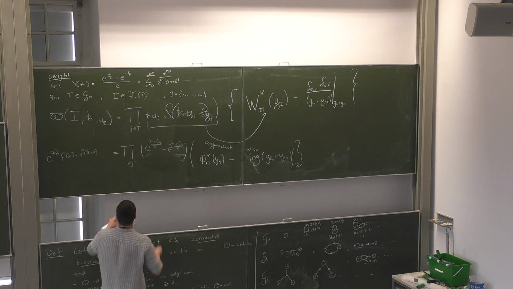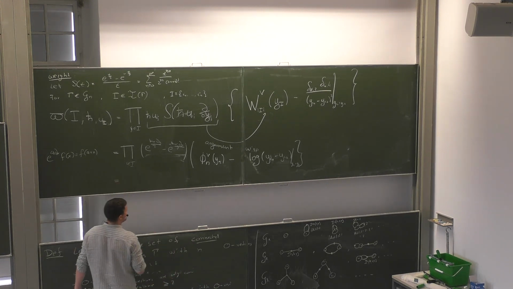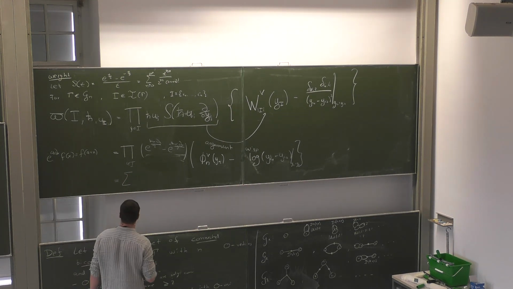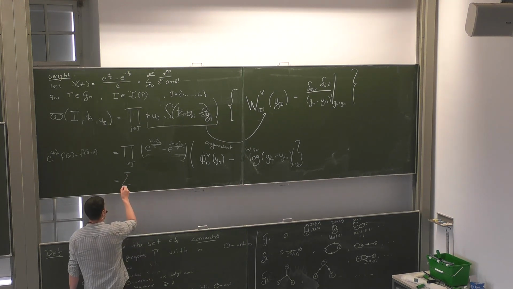So we can write this also as a sum, where I want to introduce some epsilon_ij's, which are either minus 1 or 1.